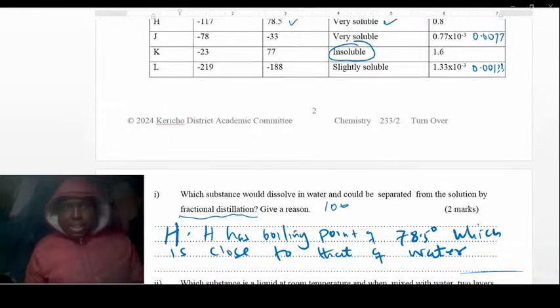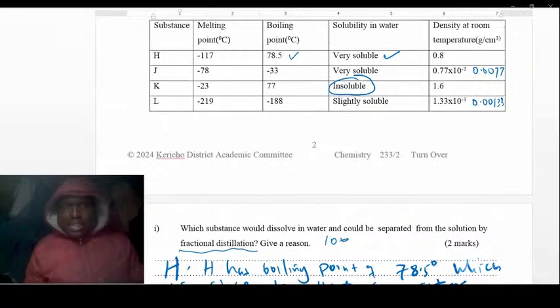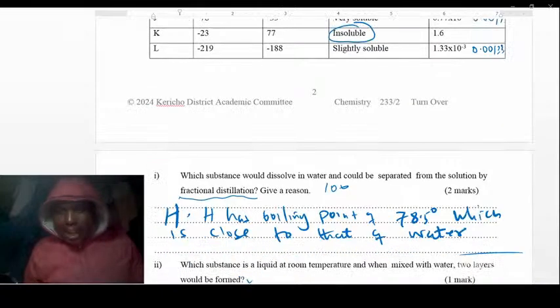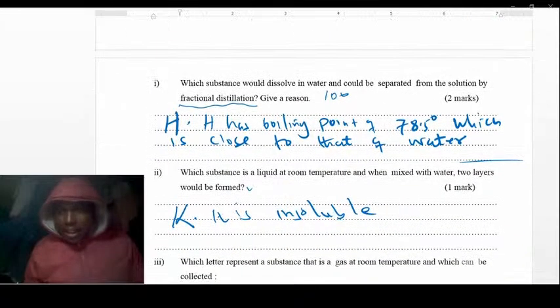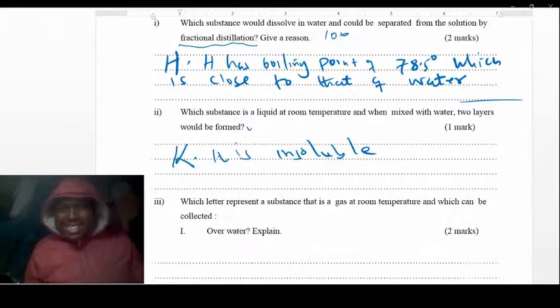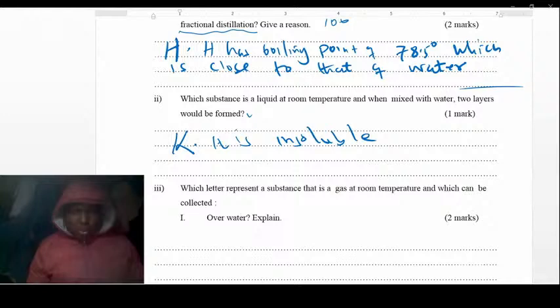You find that L is slightly soluble in water, K is insoluble, and the other two are very soluble. Therefore, the correct answer should be L.